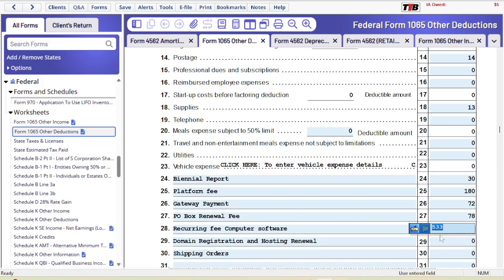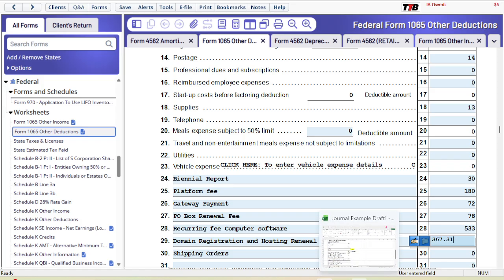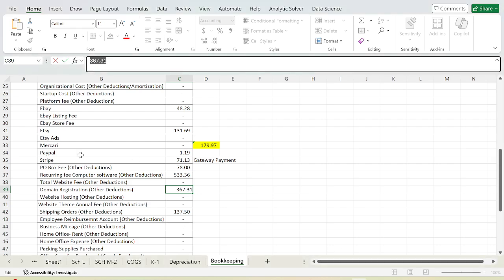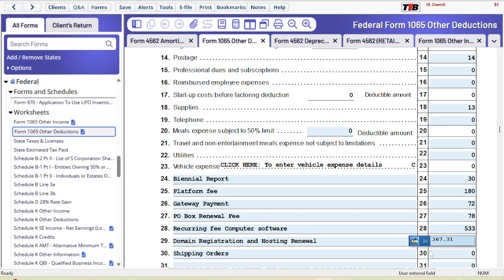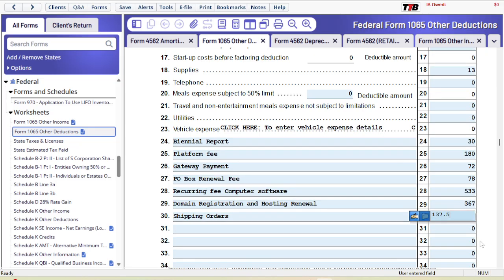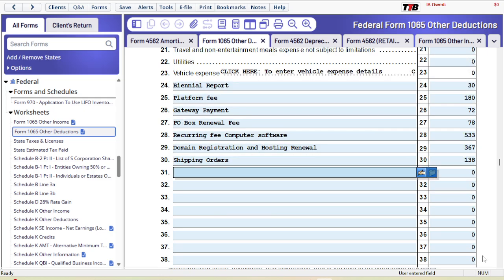So this is recurring fee for software, and this is domain registration, and then we have shipping orders, and let's see what the total is for us here.